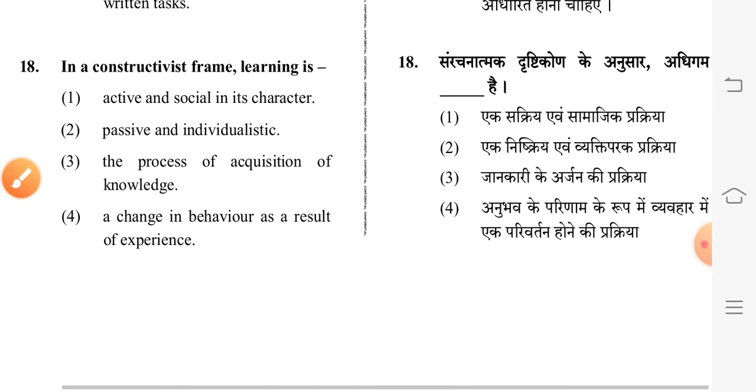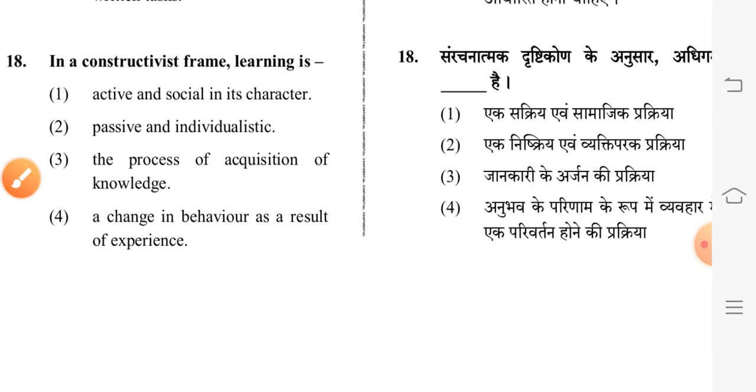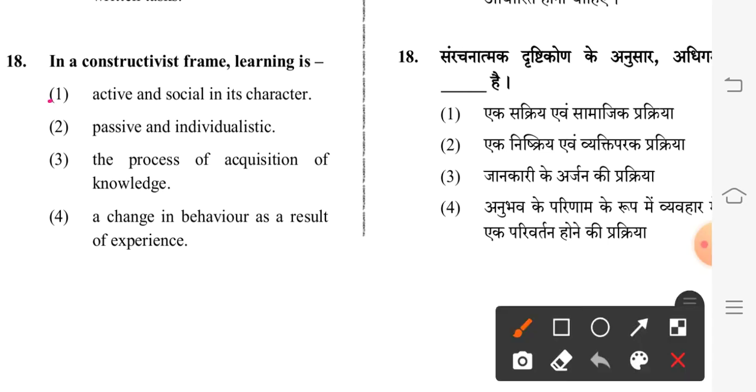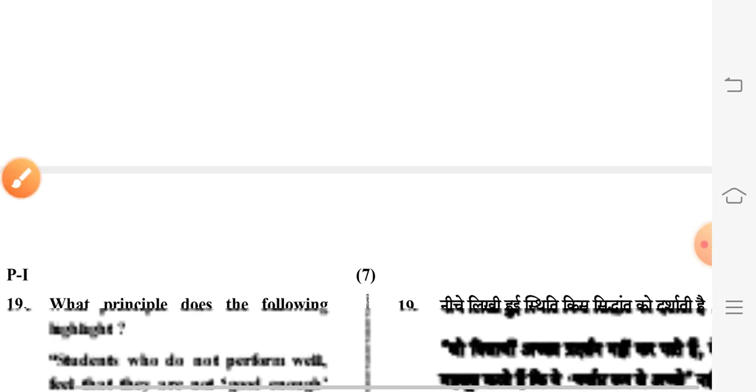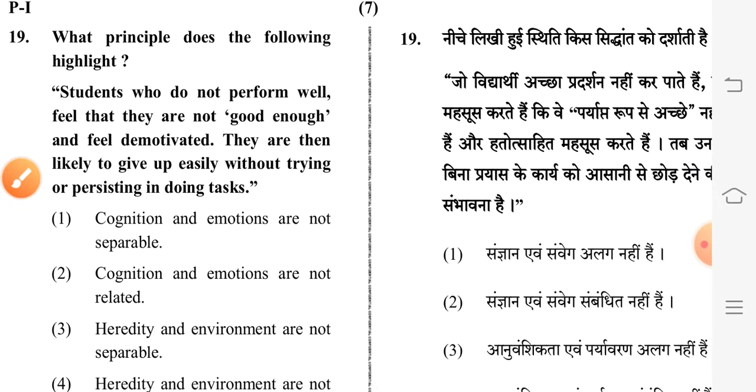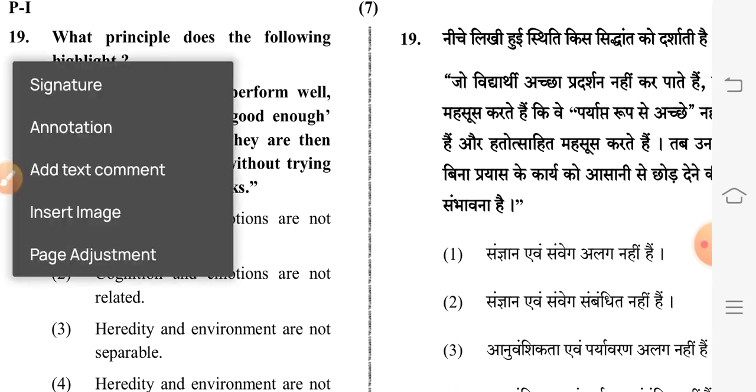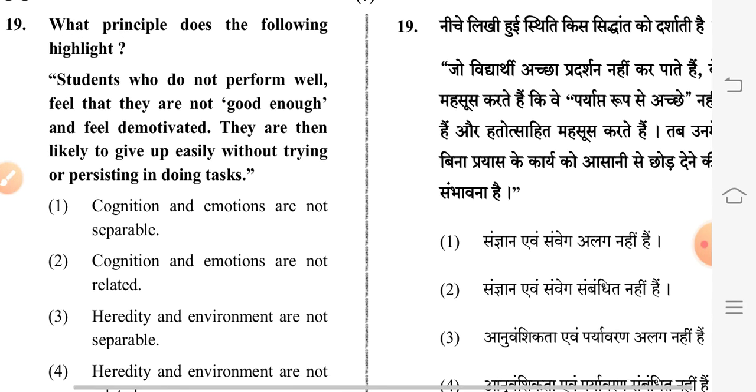Next question, 18th question, in a constructivist framework, learning is what? First option is correct, active and social in its character. Next question, 19th question, what principle does the following highlight?